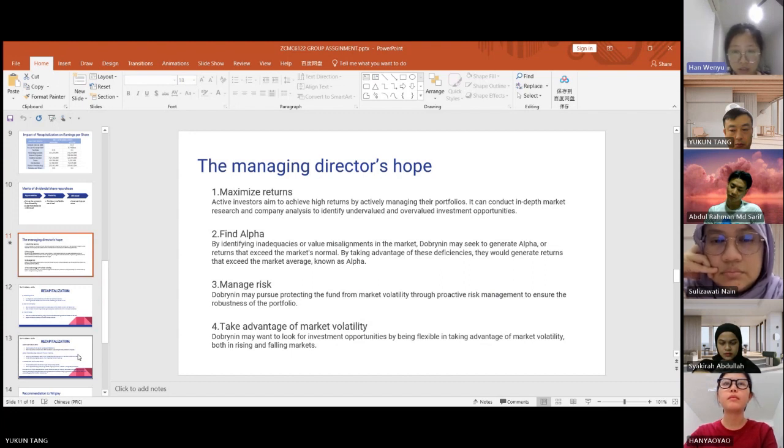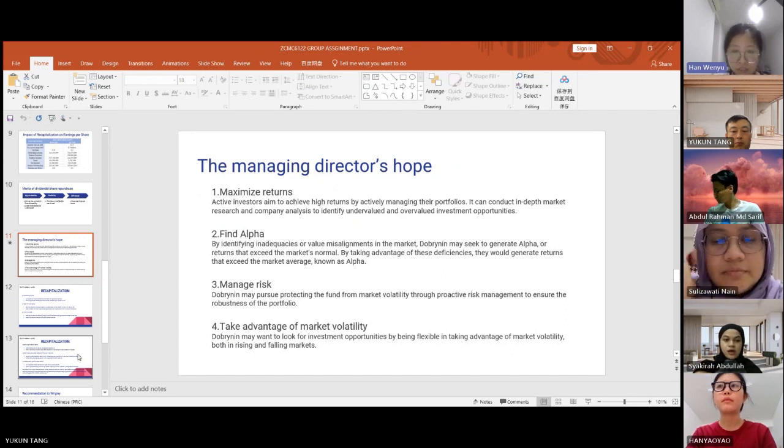They may conduct in-depth market research and company analysis to identify undervalued and overvalued investment opportunities. Meanwhile, they may have the flexibility to adjust their asset allocation once there are changes in the market and the industry.